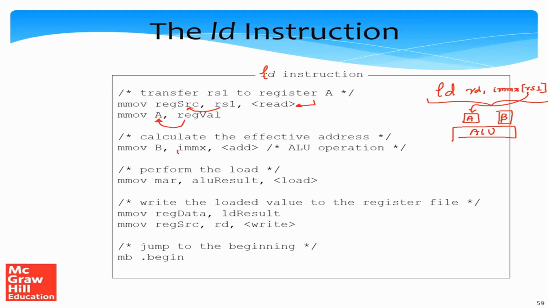So we move MX to B. And in parallel, we issue an ALU add operation to compute the memory address. So we're adding A, which is the base address, and B, which is the memory offset. The result of the addition will be saved in the micro register ALU result, right?